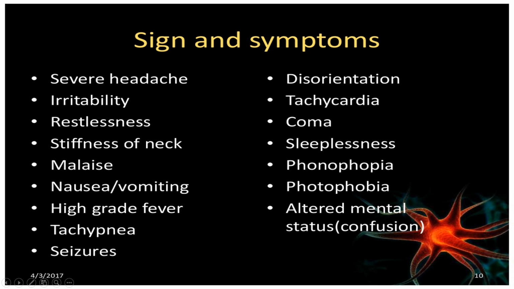And then we have seizures, disorientation, very rapid heartbeat, and sometimes it can even progress to coma. Sleeplessness, phonophobia or abnormal reaction to noise, photophobia, abnormal reaction to light, and then confusion. So a combination of these symptoms may suggest that a person has meningitis.